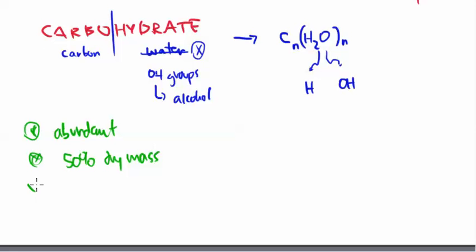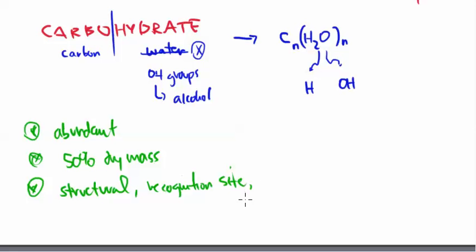Some of the functions that they have, of course, are structural components. We see these in plants, we see these in various other things as well. They also serve as a recognition site, which means our bodies and our cells talk to each other through these kind of doorways.